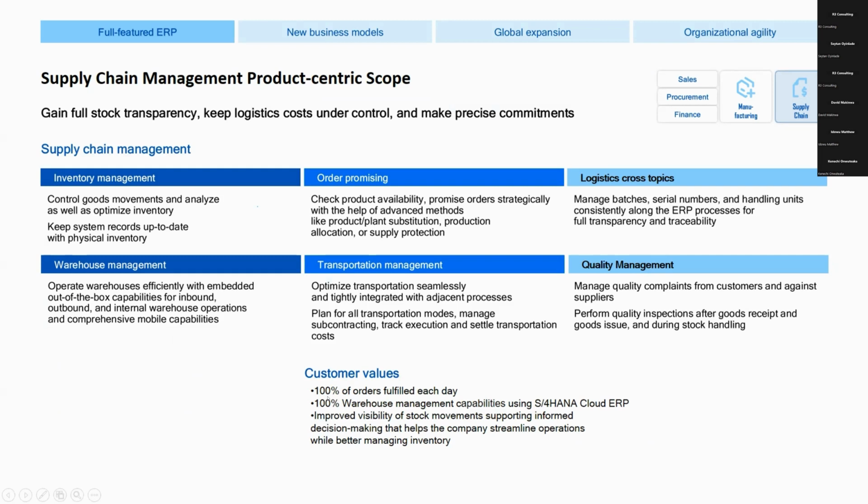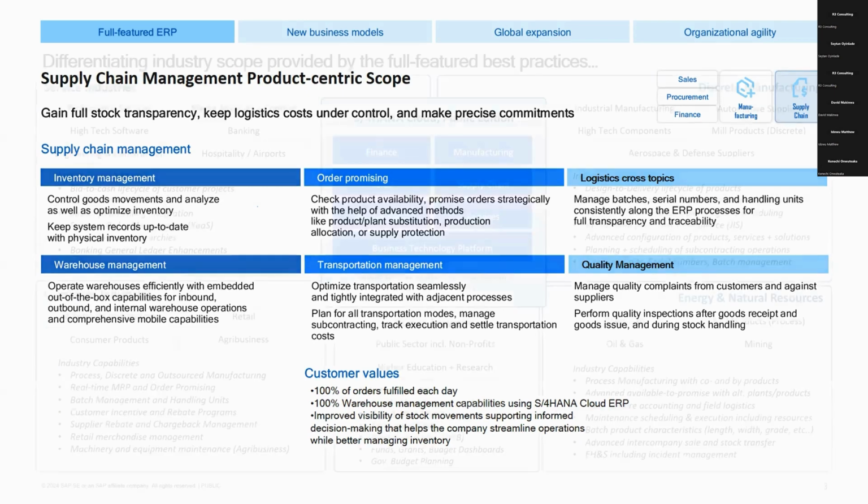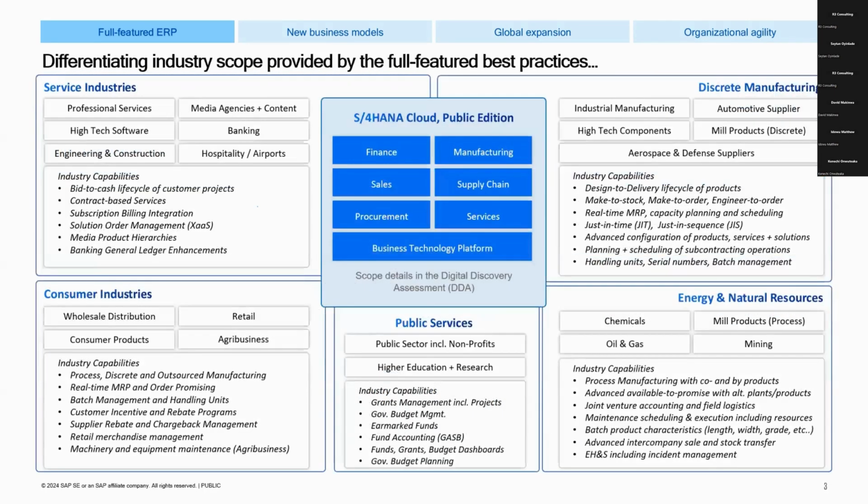Here we have 100% orders fulfilled each day. You can also benefit from 100% warehouse management capabilities using S/4HANA Cloud ERP. You can improve visibility of stock movement by supporting informed decision-making that helps the company streamline operations while better managing inventory. We have different industry scope provided with the S/4HANA application.